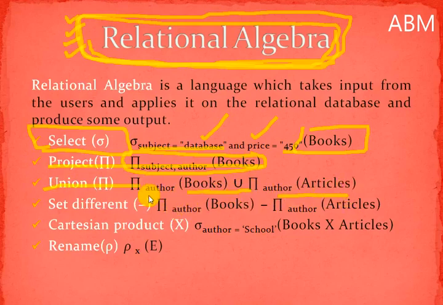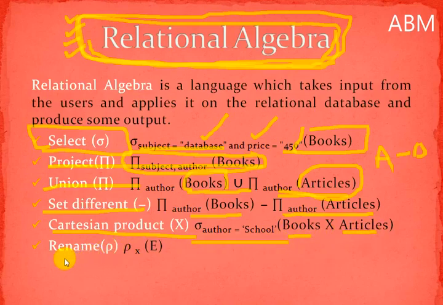For example, here the data is combined from the books relation and the articles relation. Set difference is also an algebraic term, where the author has written books but is not included in the articles table of the same author. It is just like a difference, you have studied A difference B. The Cartesian product shows the books and articles of the author.